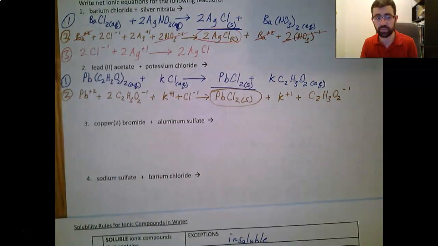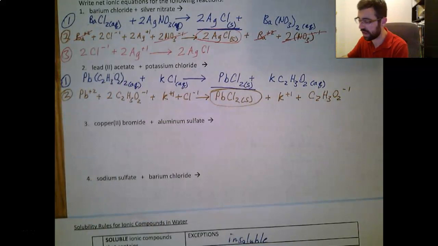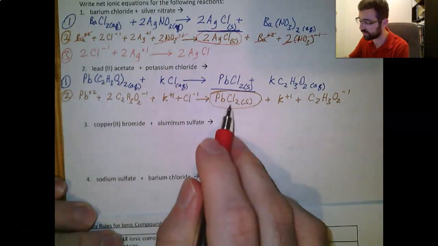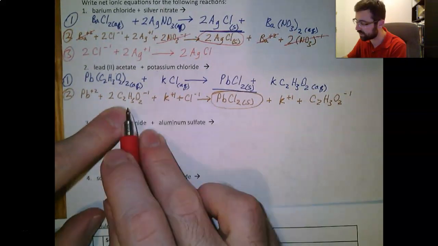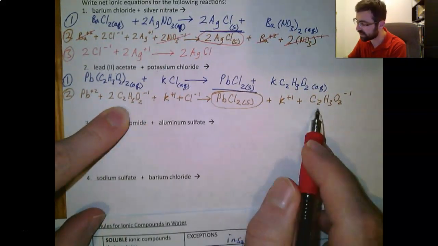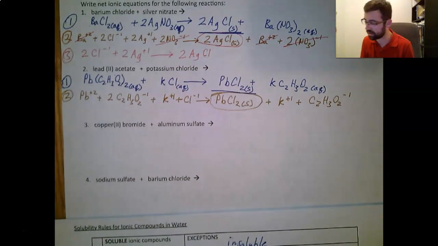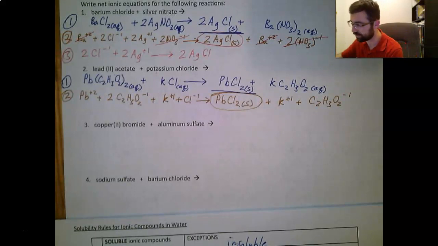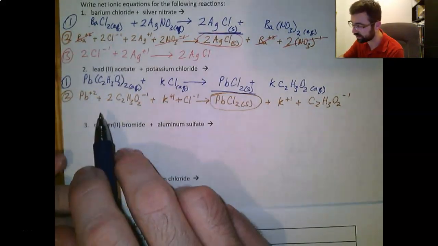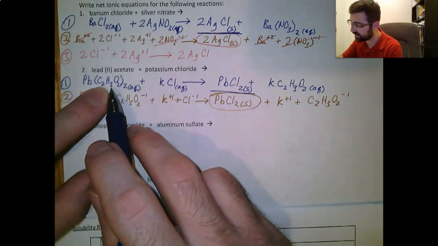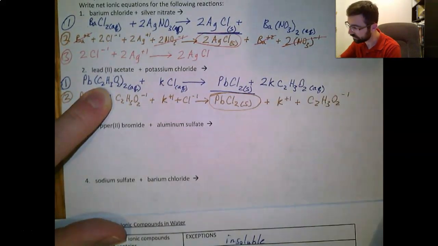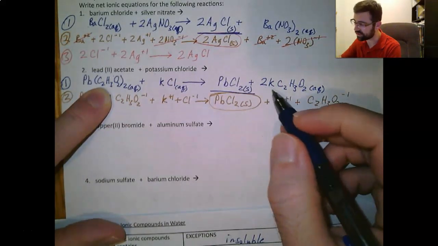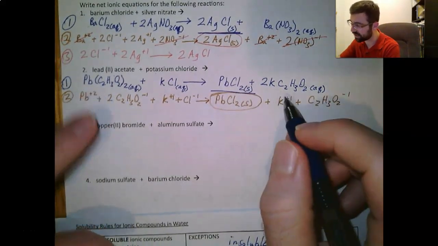Okay, let's get rid of our spectators. Who's not involved in the actual formation of this relationship? Well, let's see. Pb is involved. C2H3O2. Do I have it on both sides? Oh, and I forgot to balance this, didn't I? Let me back up just a second. I forgot to balance it, and we need to make sure that we do that. Because I have 2 acetates on this side, I've got to have 2 over here. And I think that almost does it, because I also have 2 chlorides.